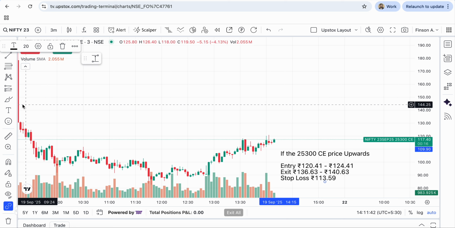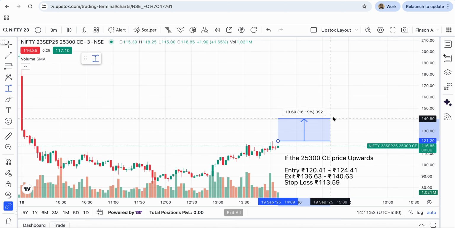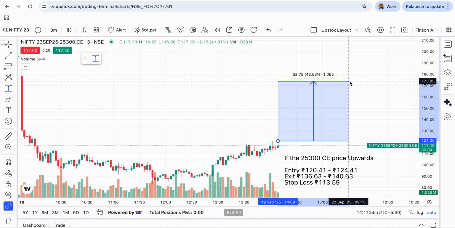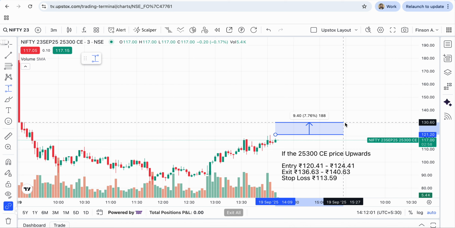Listen carefully. We draw a chart here. I choose 120, 121 to 136, 137. This is the range.